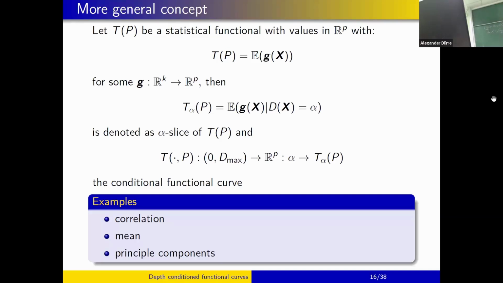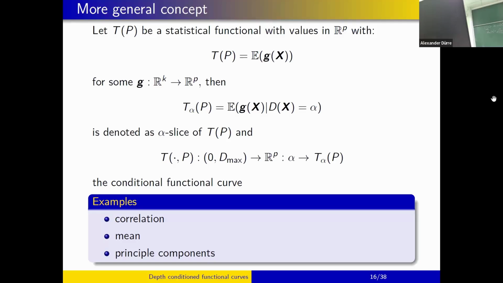You have seen the functional for the correlation, but you can insert any function you want and look at conditional expectations, conditional variances, conditional skewness, or whatever function you like, which depends on your data.